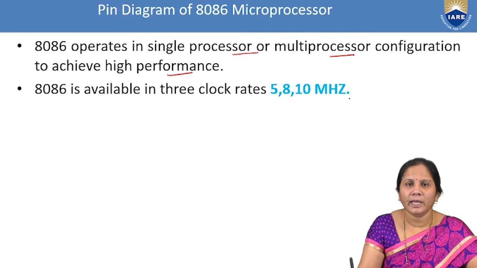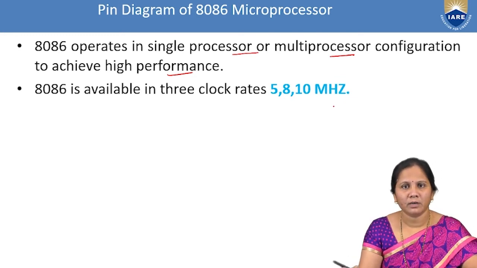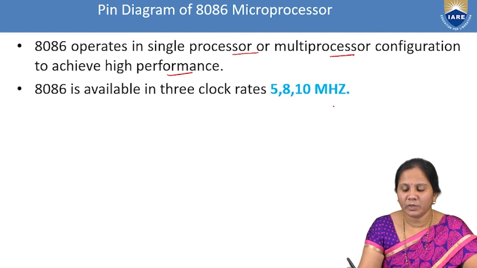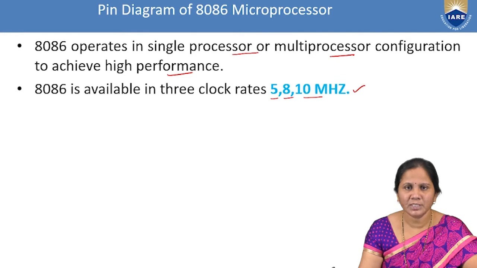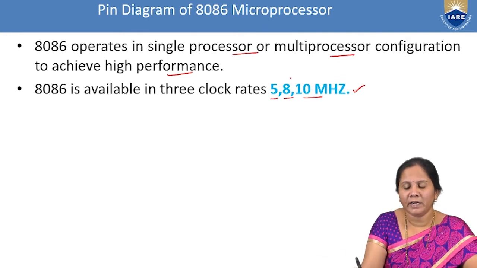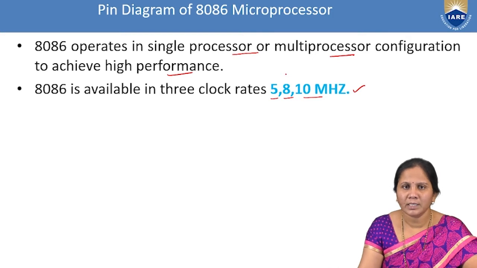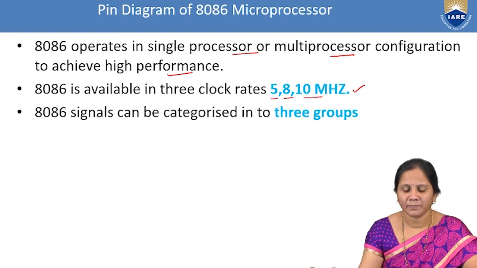And next, the 8086 microprocessor is capable of operating at a frequency of 5 MHz, 8 MHz and 10 MHz. That means, based on the versions of the 8086 microprocessor, it has an operating frequency of 5 MHz, 8 MHz or 10 MHz. So it is based on the versions of 8086.